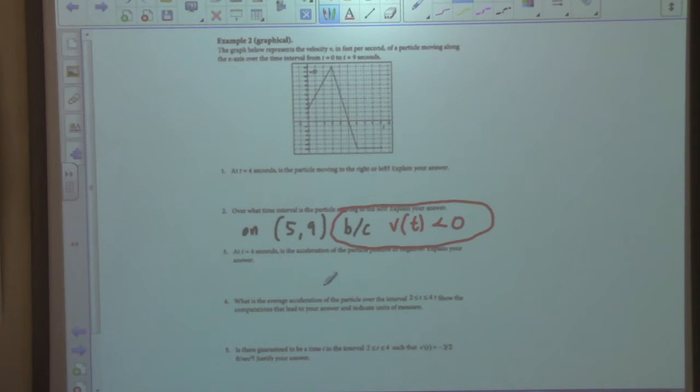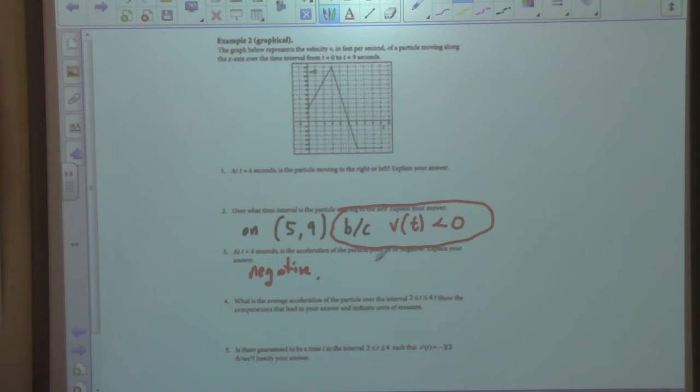At t equals 4 seconds, is the acceleration of the particle positive or negative? It's negative. Why negative? Because the slope is going down.